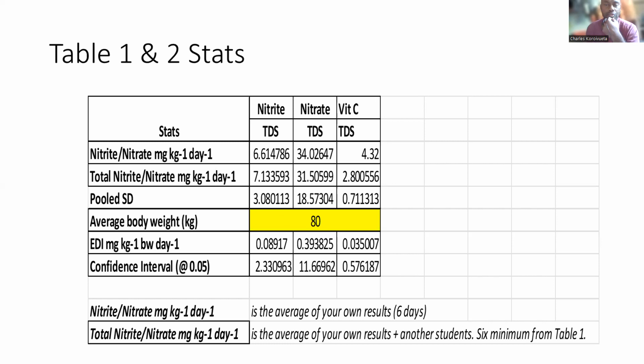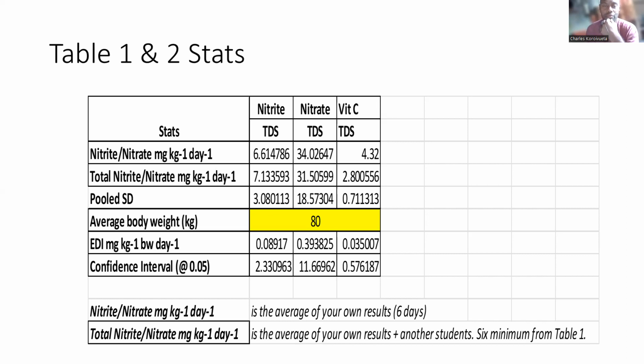Nitrate is 34.026, vitamin C is 4.32. The total is 7.13 for nitrite, 31 for nitrate, and vitamin C is 2.8 mg/kg per day. The pooled standard deviation was also calculated, and this is the overall stats: for nitrite it's 3.08, for nitrate it's 18.57, and for vitamin C, 0.71.